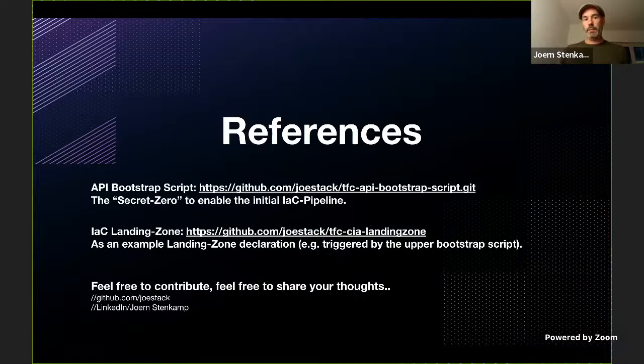There is an API bootstrap script that can be used to inject the secret zero, that is the initial infrastructure as code pipeline from an admin perspective. And another repository is the declaration of a landing zone, which is at least 3 different workspaces with 3 different version control repositories, and some policies to enable the development team to use this kind of setup as a landing zone.